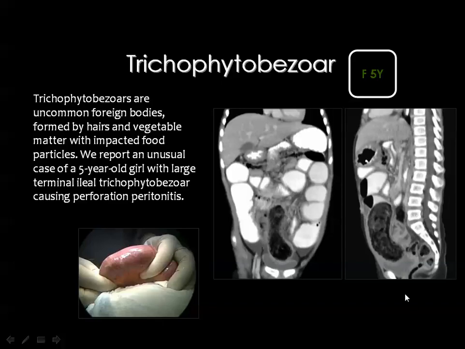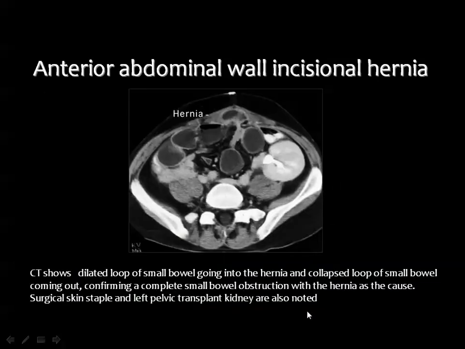But sometimes they are seen in the small bowel, and this is an example of a trichobezoar in the distal ileum, and you can see the dilated bowel proximal to it with multiple air fluid levels.